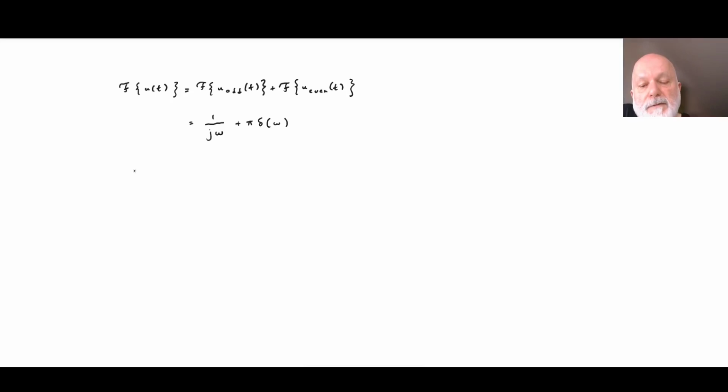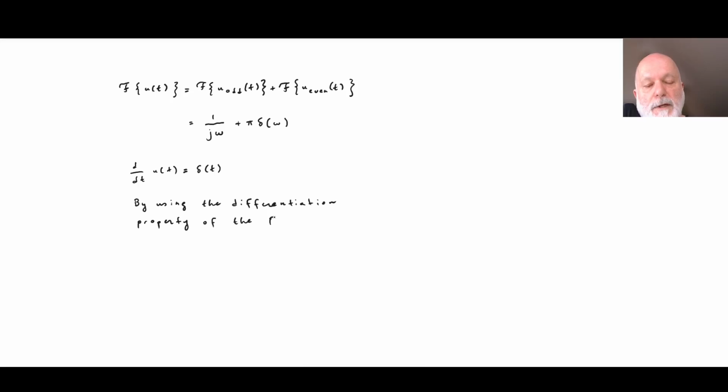Now, we know that the derivative of u of t is the impulse. Now, remember the differentiation property of the Fourier transform.